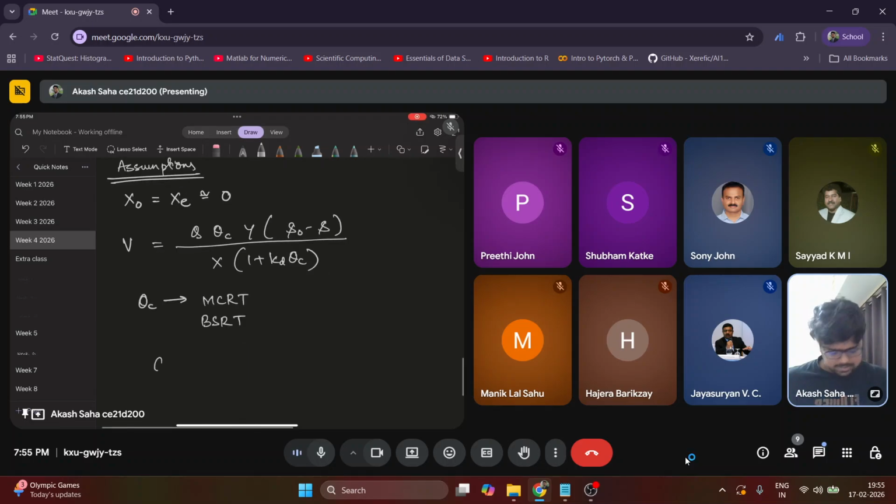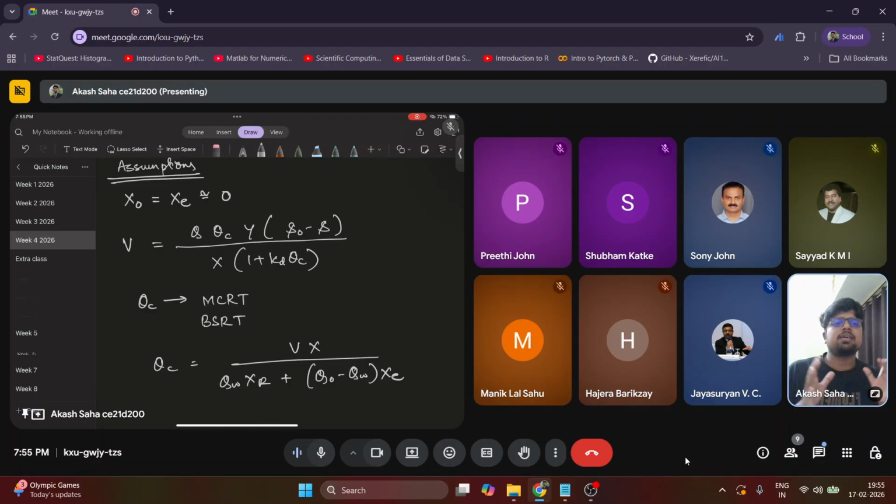This theta c is Vx divided by QwXr plus (Q naught minus Qw) Xc. So mean cell residence time means how much time the biomass is staying in the system.